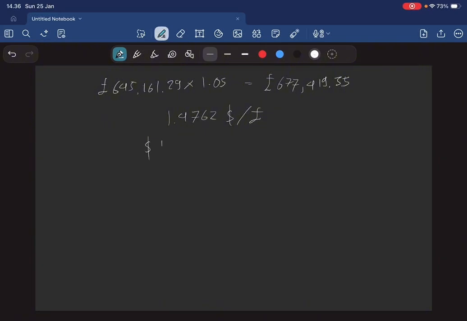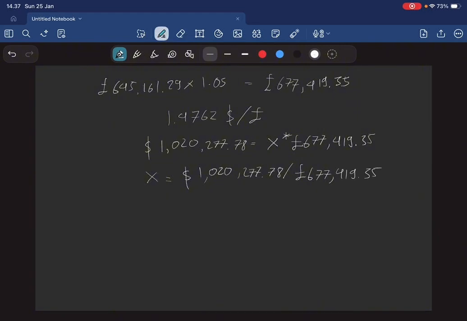We have 1,020,277.78 equal X times 645,161.29, so this X will be $1.5061.